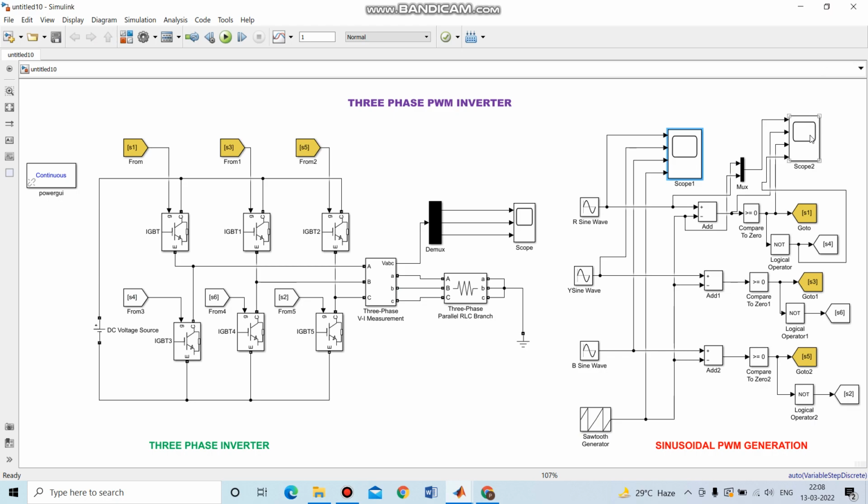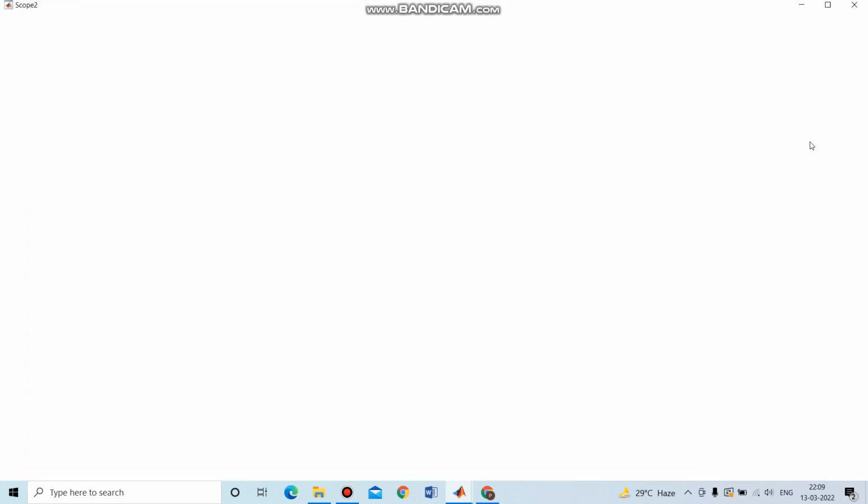Then in the third scope we are going to see how your R sine wave, with the corresponding sawtooth generator, behaves. We are going to compare the R wave, your reference signal, with your carrier signal, and we obtain a pulse width. This can be seen in this scope.